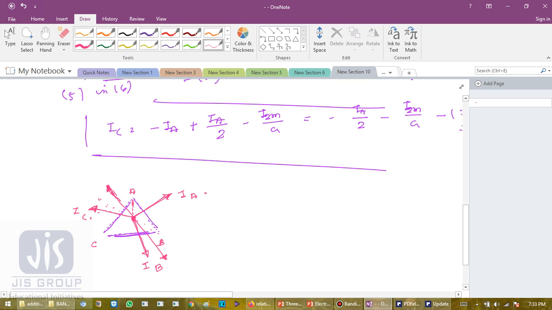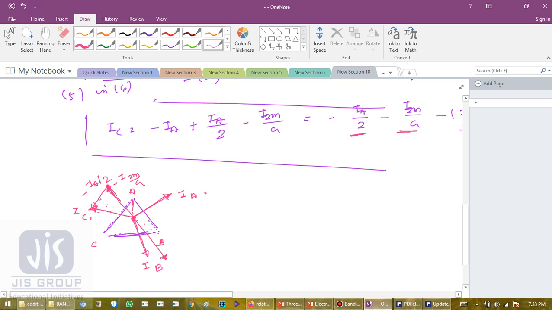So from the equation, IC is equals to minus I2M by A minus IA by 2. So this is my minus IA by 2.